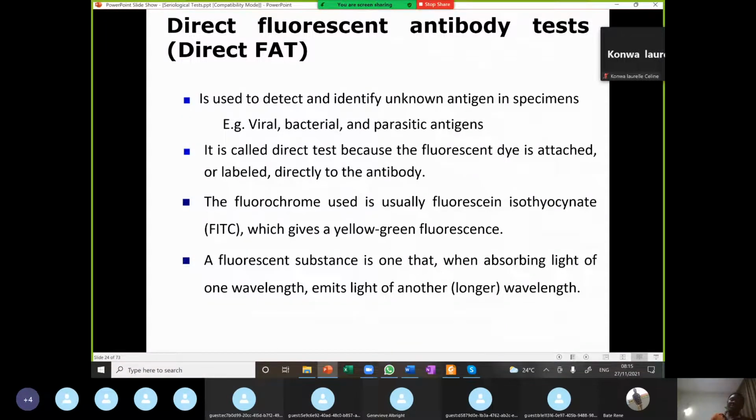And I want you to pay attention to this because this is almost a similar technique to what we'll be using in ELISA. It is used to detect and identify unknown antigen in a specimen. So say that you have been infected with an organism, it could be a bacteria, a parasite, a virus, or even a fungi. As we indicated in the first lecture on this section, when you are infected, the parasite provokes your system, and your system secretes antibodies which are specific to the parasite, mostly in the case of viral and some bacterial infections.